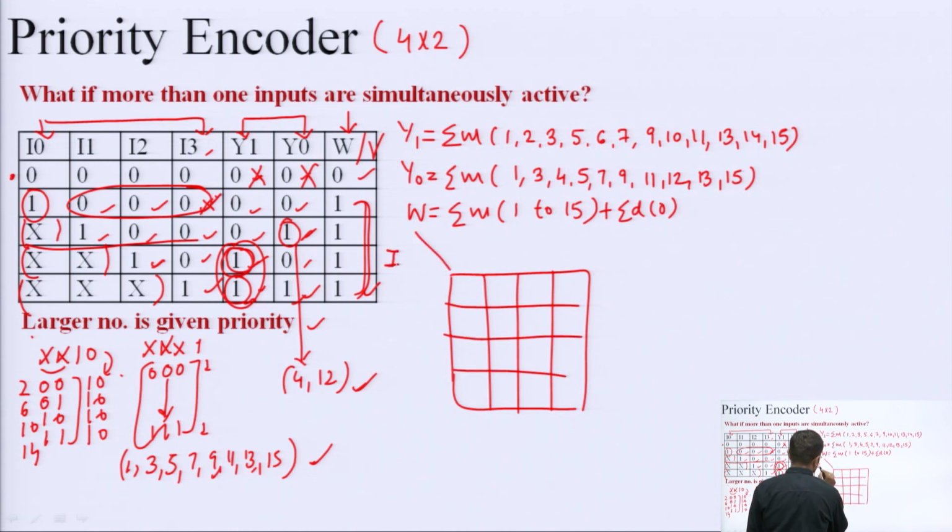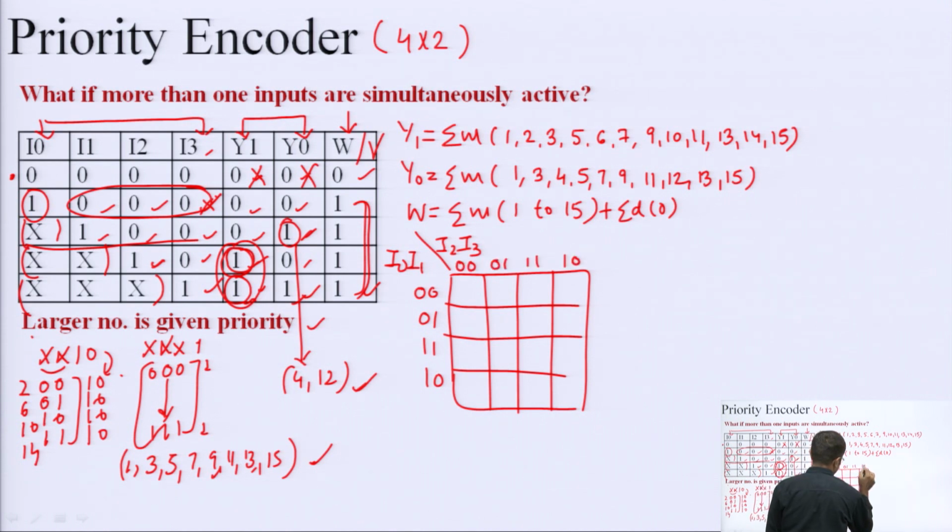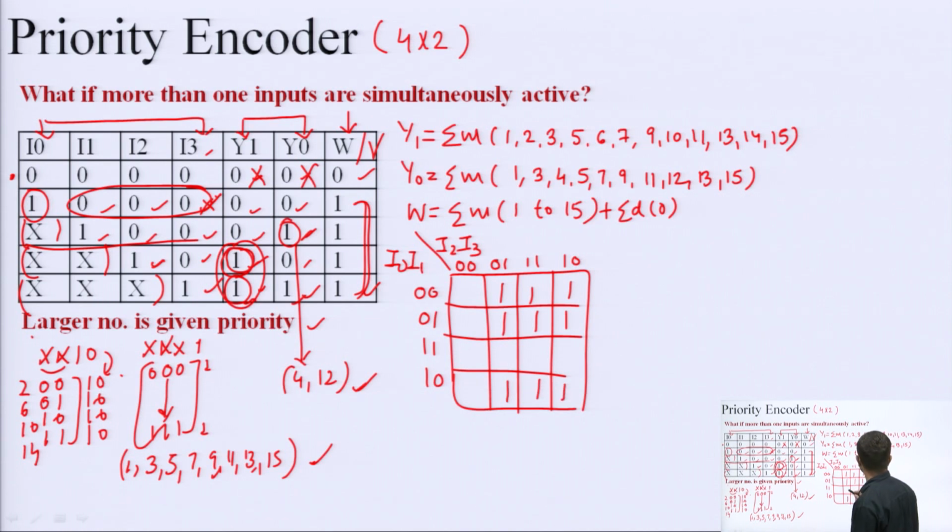So, I naught, I 1, I 2 and I 3, 0 0 0 1 1 1 1 0, 0 0 0 1 1 1 1 0. Okay. So, let us feed these terms 1 2 3 5 6 7, 0 is this one 1 2 3, then 5 6 7 5 6 7, then 8 is not there, 9 10 11 and then 13 14 15, 13 14 15.